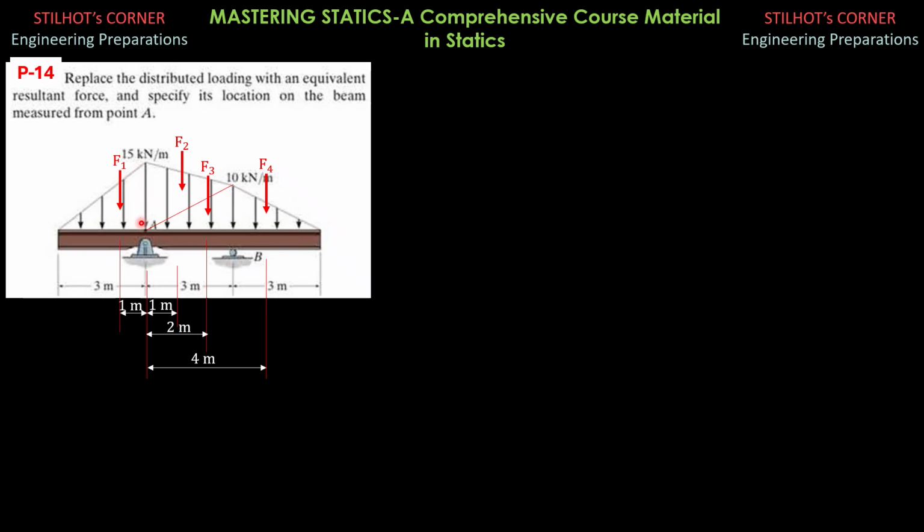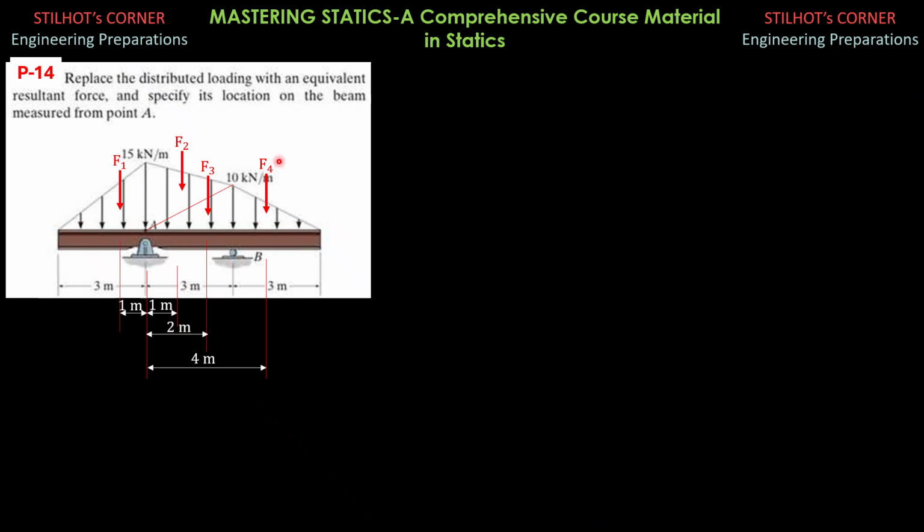For this triangle here, the distance of F2 is 1/3 of 3 meters also, because we have 3 meters here. So that's why it's 1 meter. For F3, this lower right triangle, the distance of its line of action from A is 2/3 of 3 meters. So that's why we have 2 meters here.